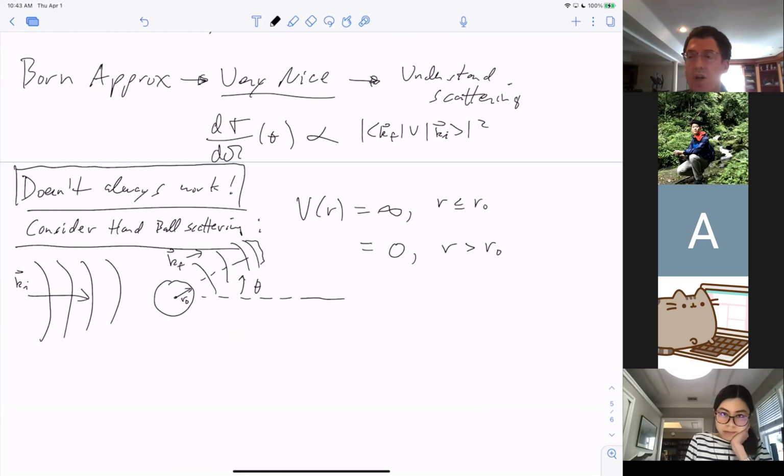Suppose I give you a hard ball and ask what happens when I scatter a particle off of it. That should be a really easy problem, because you remember in normal quantum mechanics, with a particle in a box, when you put the walls to infinity, everything becomes easy. When the potential goes to infinity, what is the wave function at that point in space? I'm asking you a question.